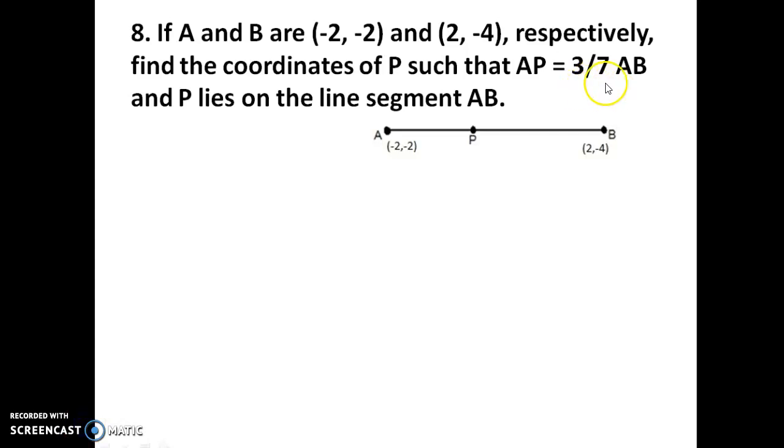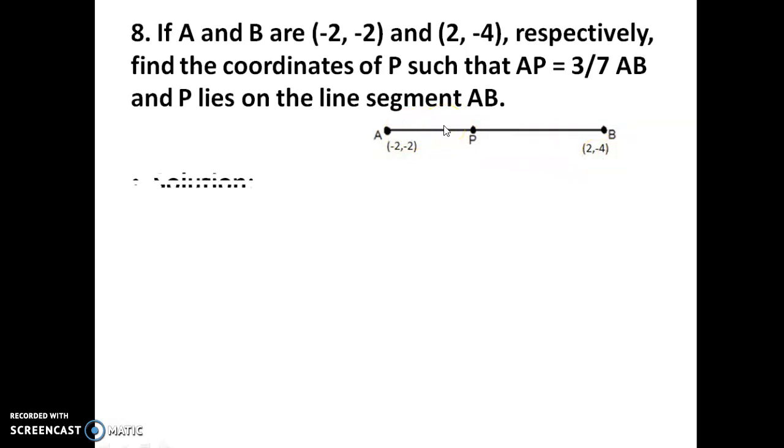Actually, this is 3 by 7 of AB, children. Now I corrected. So this is the line segment AB. Now AP is 3 by 7 of AB. That means this portion of the line is 3 by 7 part of AB. If the total is 7 parts, this is 3 parts.